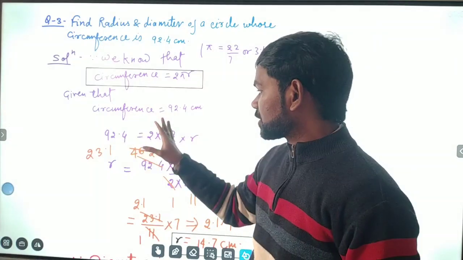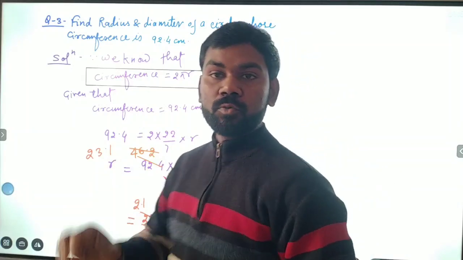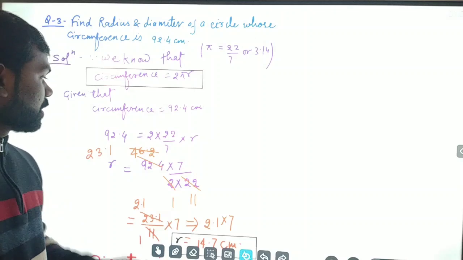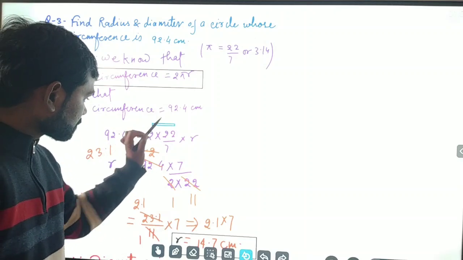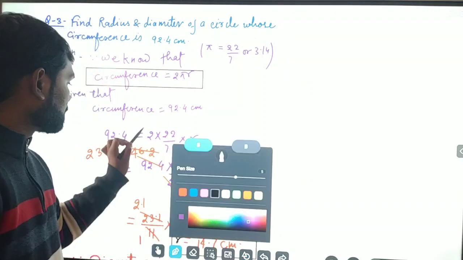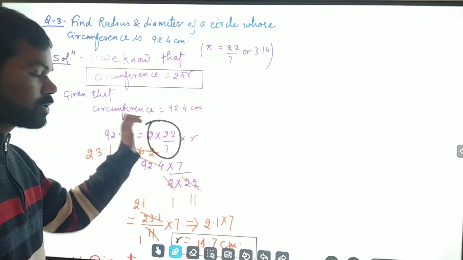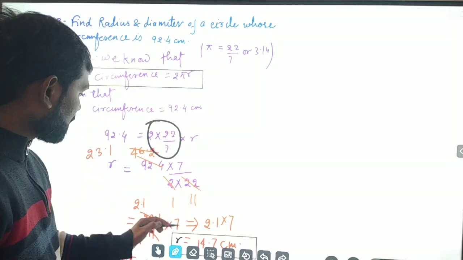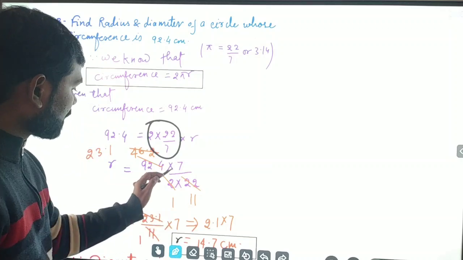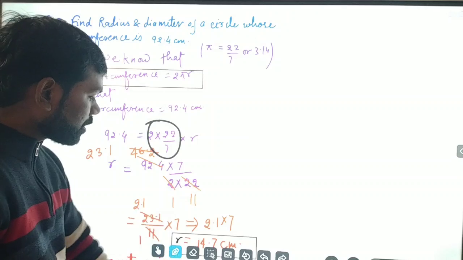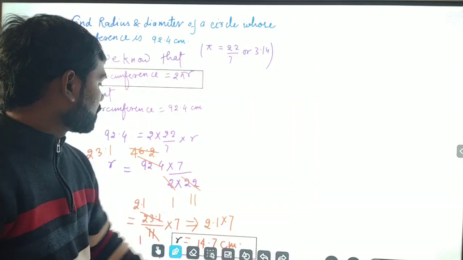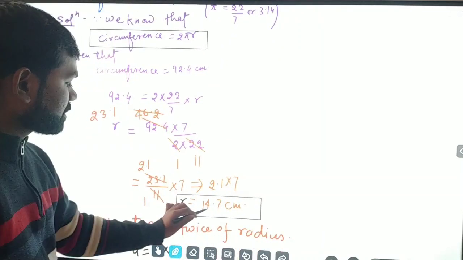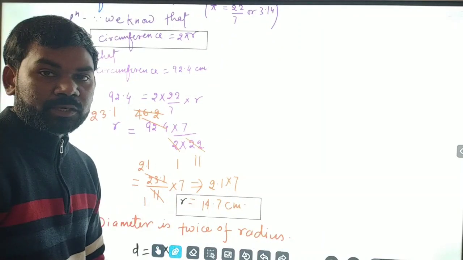Since after substituting the value, we get 92.4 is equal to 2 into 22 upon 7 into r. This numerical value we have to transpose to the left side. So when we transpose this to the left side, we get 92.4 into 7 upon 22 into 2. So after the simplification, we get radius as 14.7 centimeter.